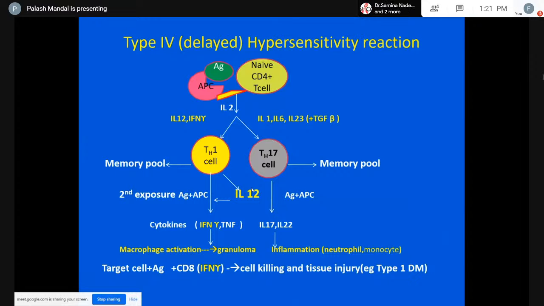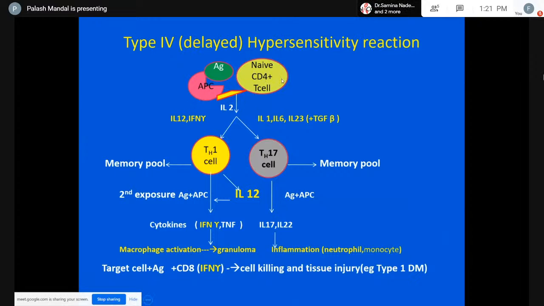So anyway, what is happening is there is an antigen which has come into our body. As I told you, like always, this antigen will be presented by the antigen presenting cell, which may be a dendritic cell or a macrophage, and it will come towards the naive T cell, that is the CD4 type of naive. Why is the word naive used?